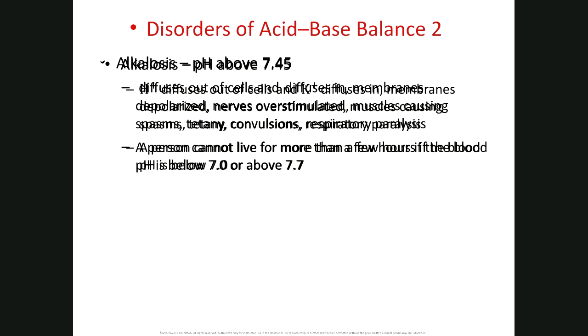The reason for this is you don't have the H ions, and the H ions make you more negative. In that case, being on the alkaline side means you're closer to negative 55 rather than being away from it, as in acidosis. Too little H ions makes the inside of the cell reach negative 55 faster.